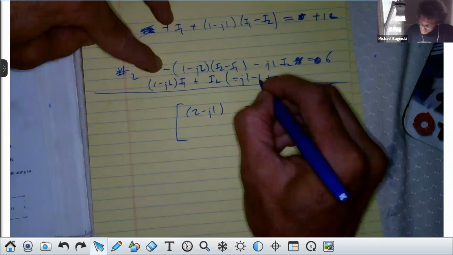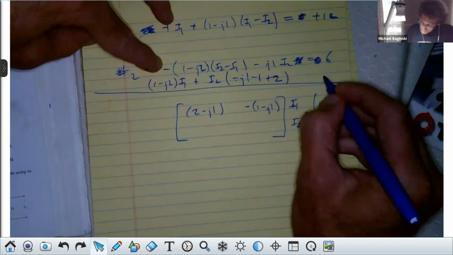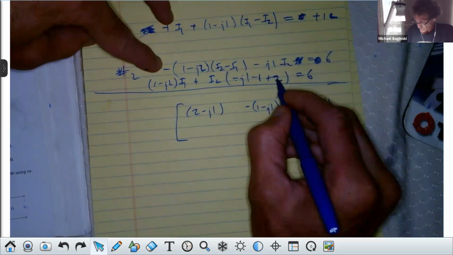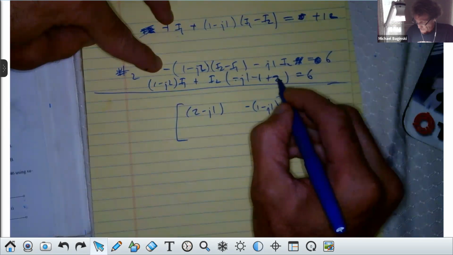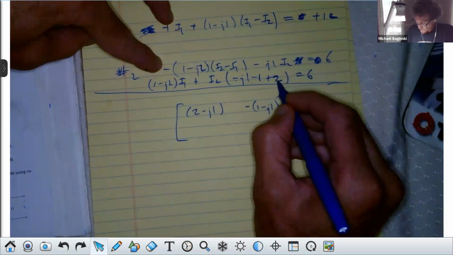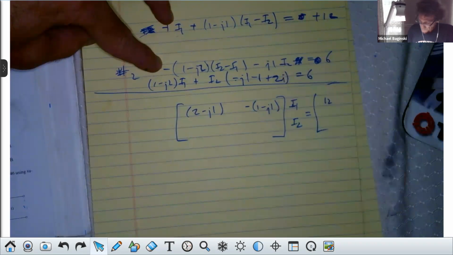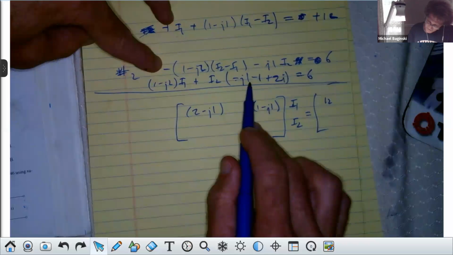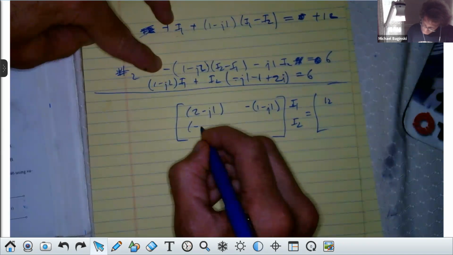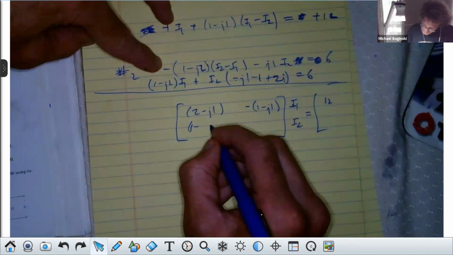I did this for a reason. Equals 6. Let's suppose that's j2, or 2j. Now you can see that for I1 the coefficient is 1 minus j2.